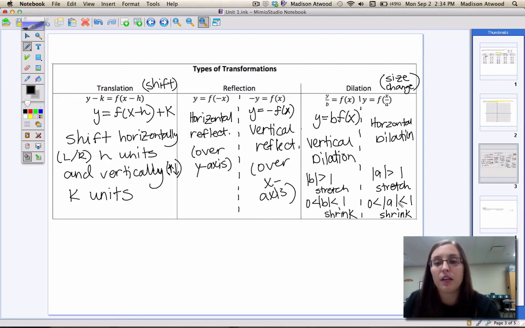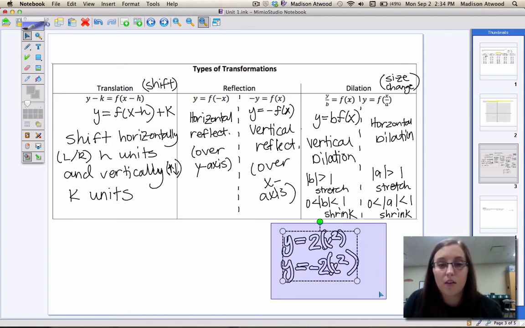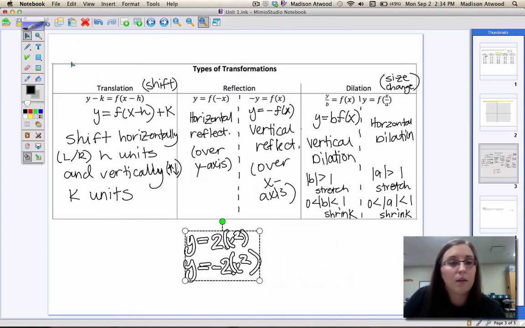Now we're talking about absolute value because we don't care if the dilation is positive or negative, because that doesn't affect the actual size change. Think about a function maybe where we're talking about y equals 2x squared versus y equals negative 2x squared.